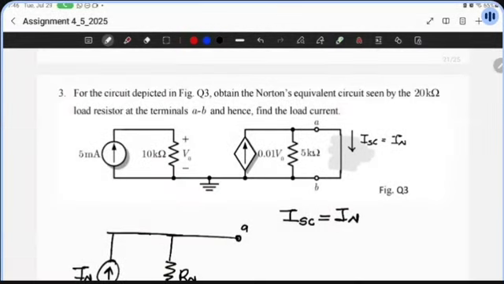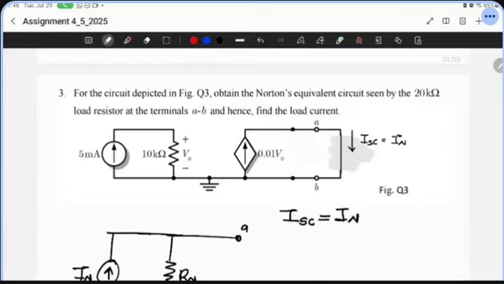This 5 kilo ohm resistor here will no longer be working, or the current will be bypassing that resistor. So no current will pass through this route. So this will basically be off. So the circuit will now look like this with the short circuit in place.